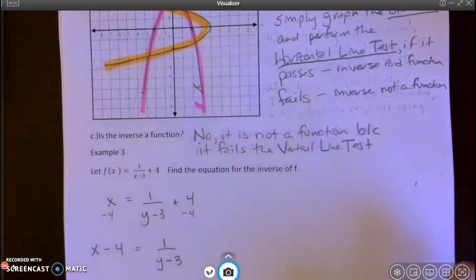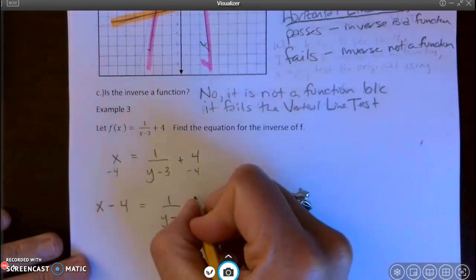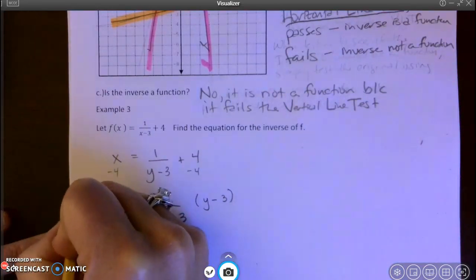Now we have to solve for y, but the problem is it's in the denominator. You can't solve for a variable when it's in the denominator, so our only choice is to get it out of the denominator. The only way to do that is to multiply both sides by y minus 3.